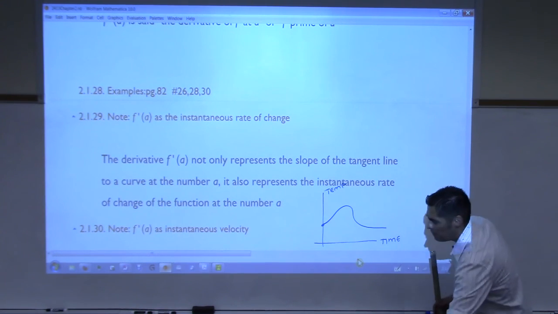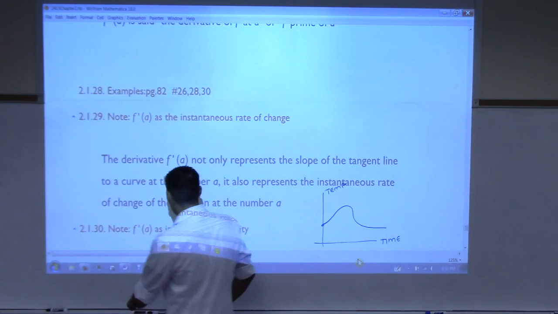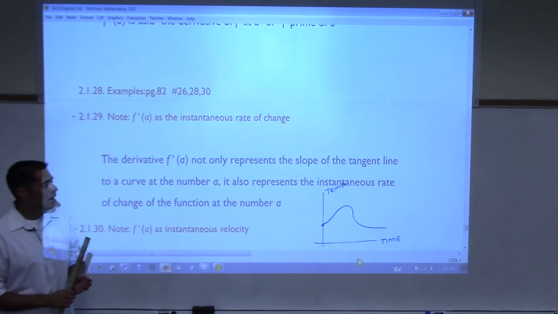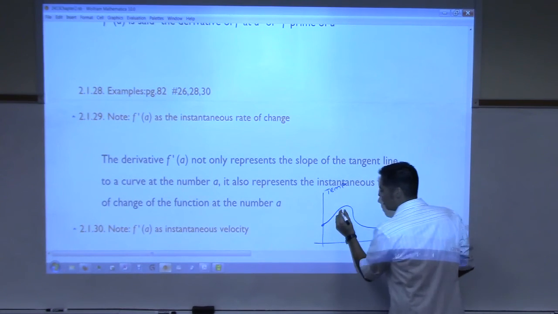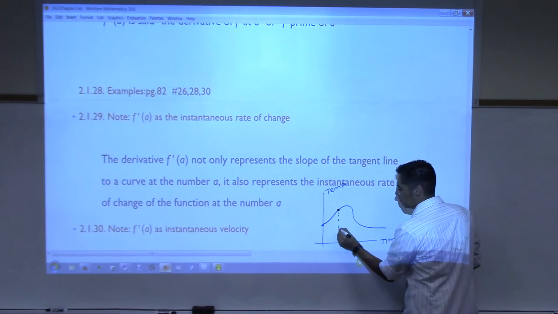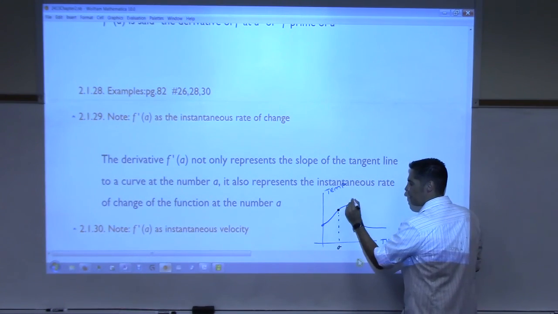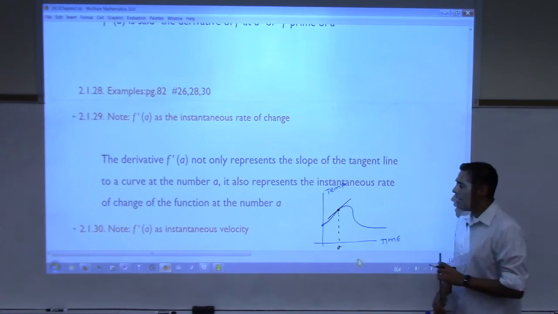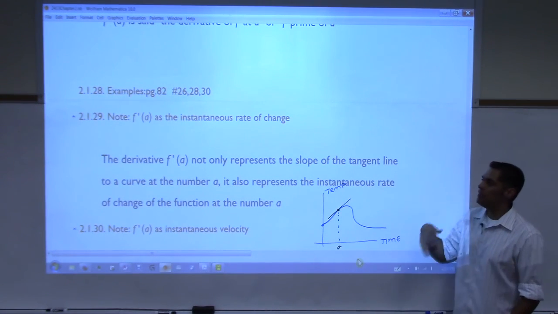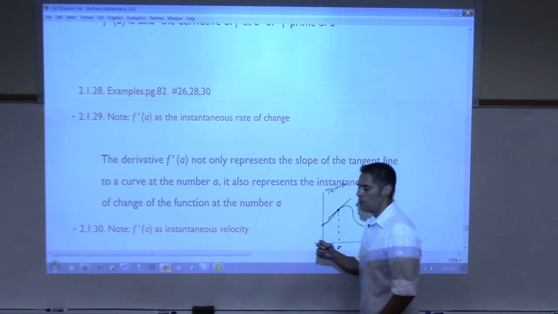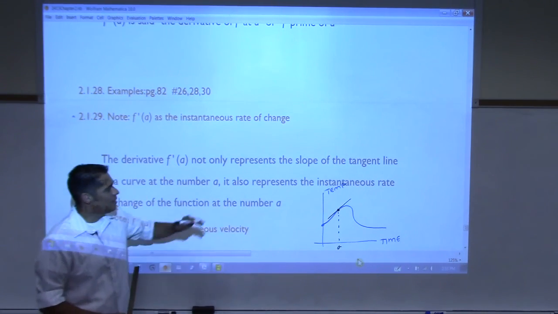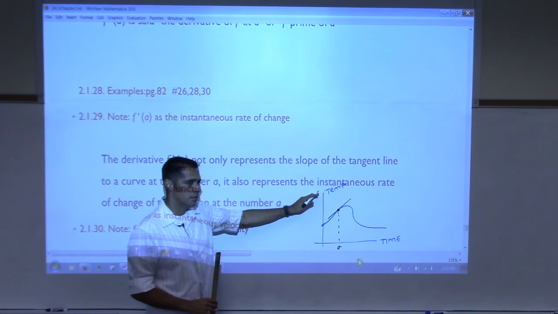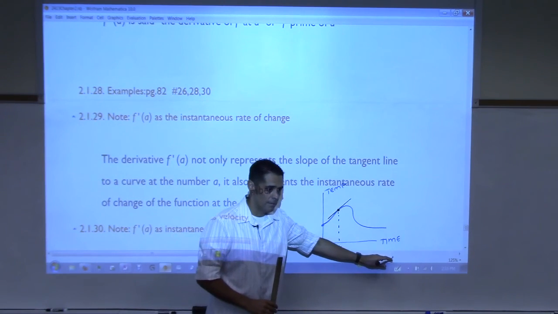If you were being asked to find the derivative of this function at a specific point in time, right here at a, then that slope, that derivative, is telling you the instantaneous rate of change in the temperature with respect to time.